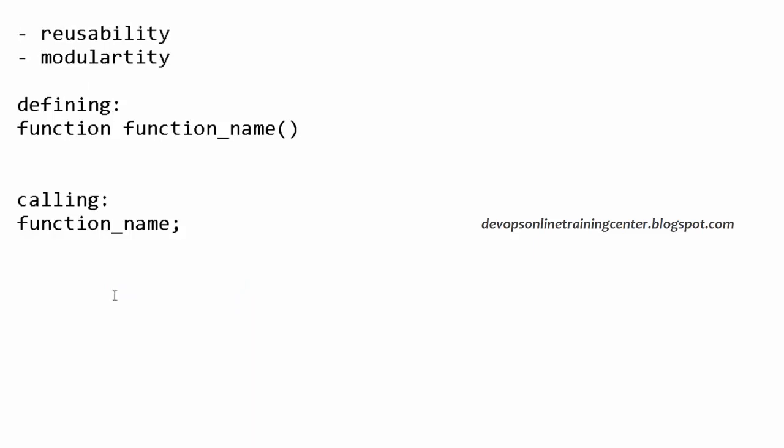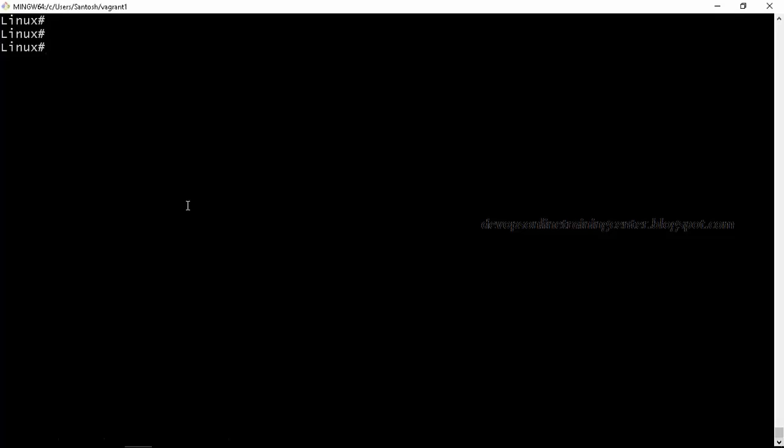Okay, so we'll see how to define a function in a shell script. I'll name the file function.sh. I'll write function and the function name. Let us say I give add.